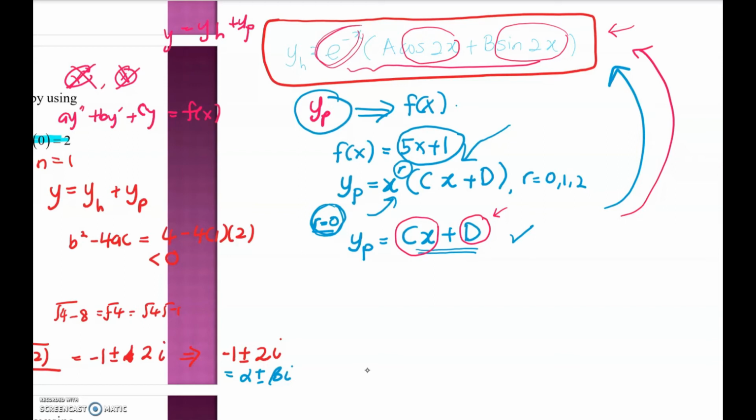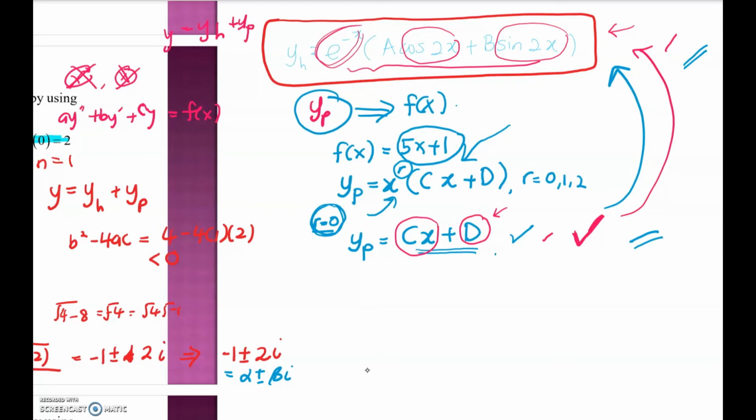When there is no term which is similar in YP and YH, therefore we can conclude that this is our correct initial guess. Then we proceed. Bear in mind that we must always compare solution to solution, not solution to fx.